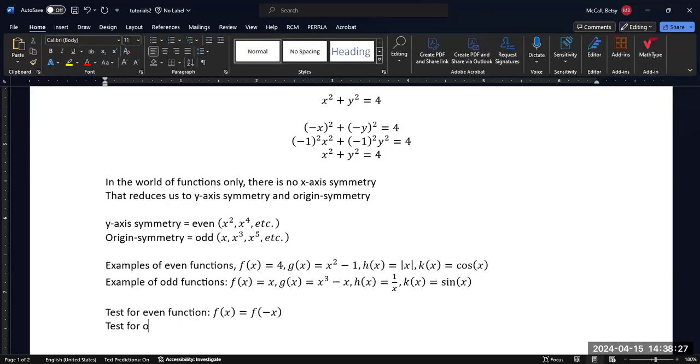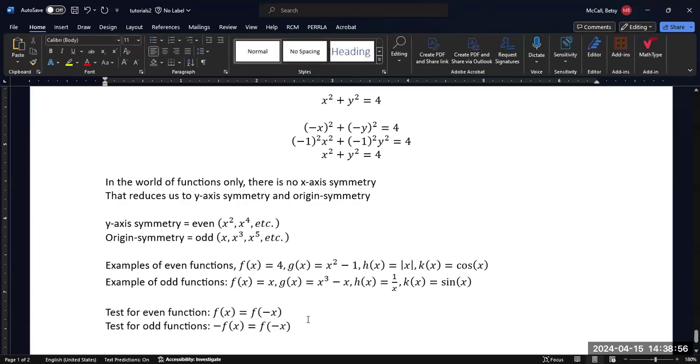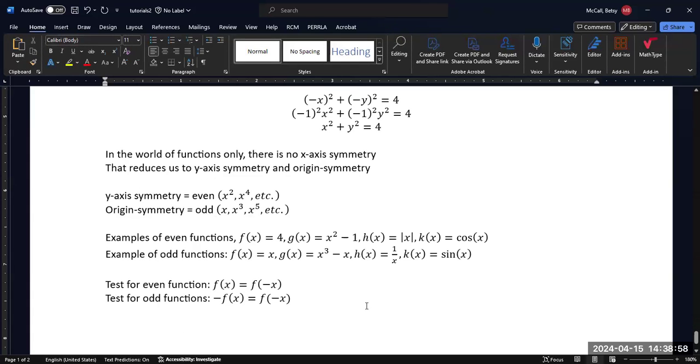And the test for odd functions is negative f of x is equal to f of negative x. This is basically saying if I plug in negative x on the one side of the equation, I get a negative sign that survives. So let's just walk through.